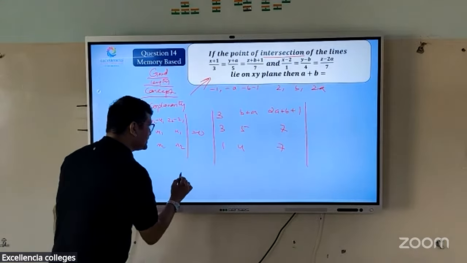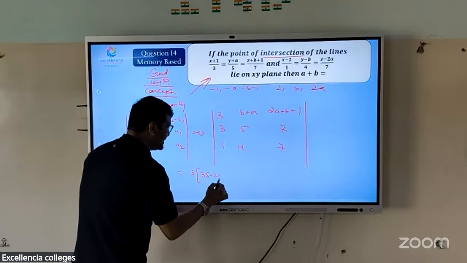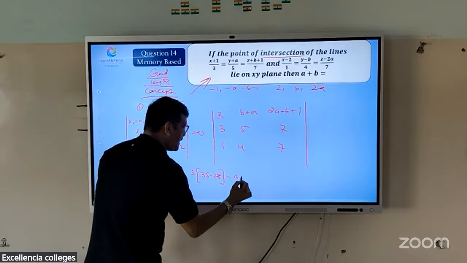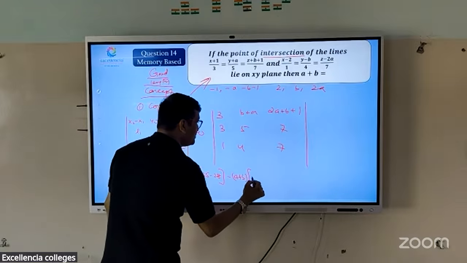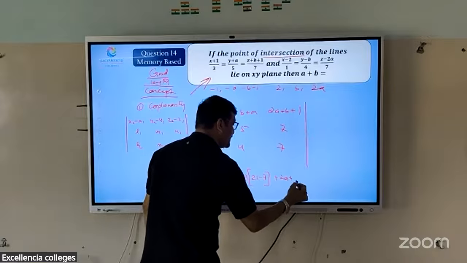If I solve this, I get 3 into (35 minus 28) minus (a plus b) into (21 minus 7) plus (2a plus b plus 1) into (12 minus 5).